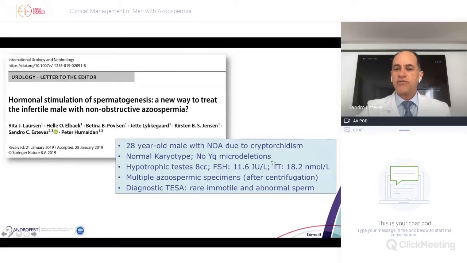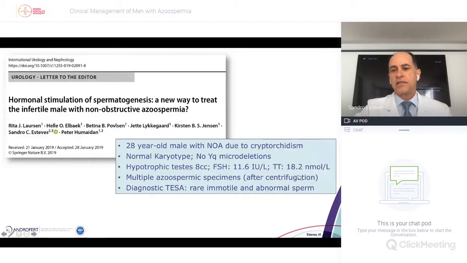FSH was not very high, but still in the upper normal range, depending on the threshold you use in your clinic. 11 is the ceiling in the laboratory we used. But remember, I said in the first talk about the male infertility workup, every time you have FSH levels above 7.6, you need to consider that the patient has testicular deficiency.